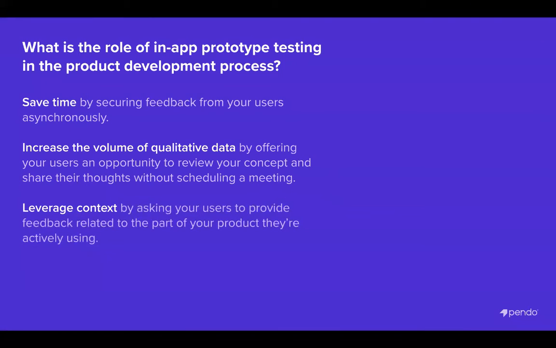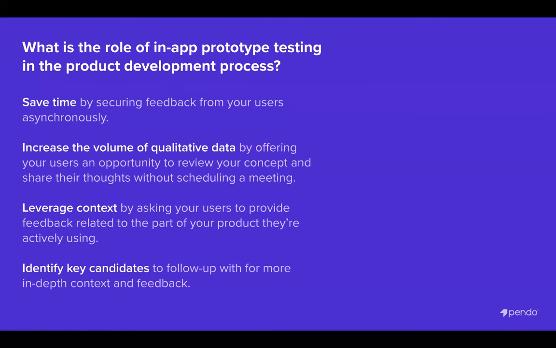You can also leverage context by delivering a prototype in-app. Basically what we mean by that is you might be working on a specific portion of your app, either introducing a new feature or improving a current one. And if you can show that to people and get their feedback in the context of the thing they're already using, that can definitely help set context and help them give you more quality feedback.